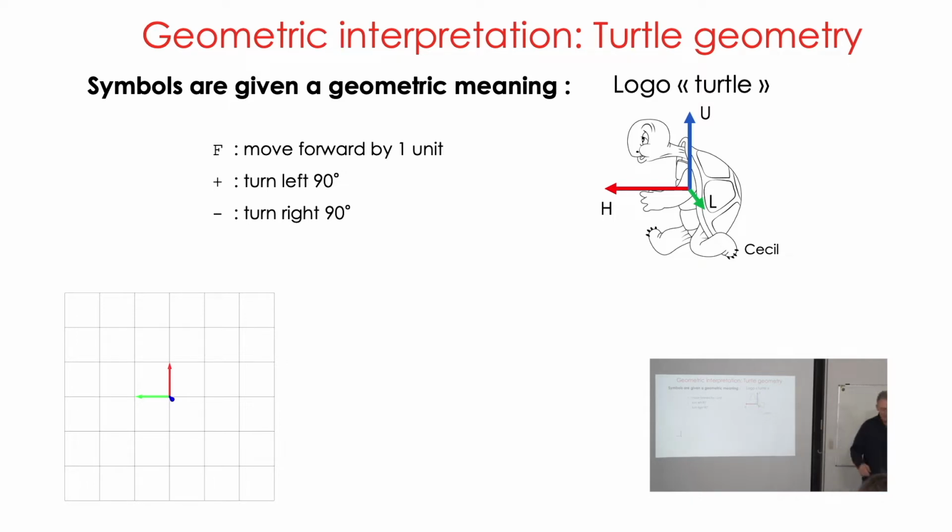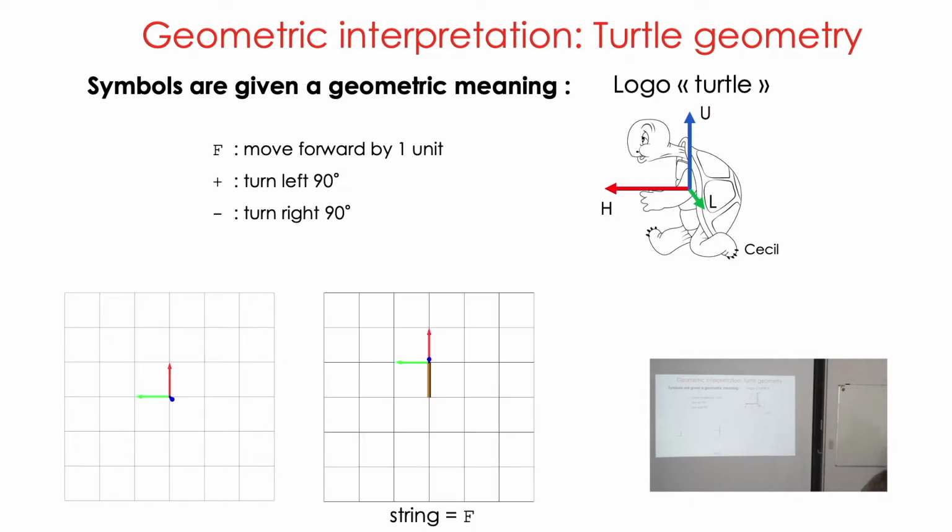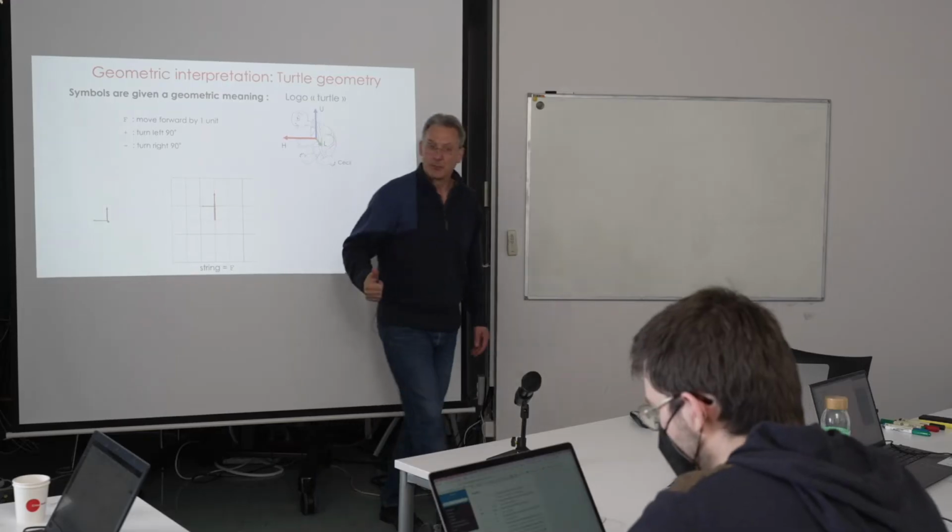So, for instance, if I start from a certain position and I read the string F, F for forward, she's pointing in the direction of the H for head, and the H originally is the red arrow, pointing upwards.